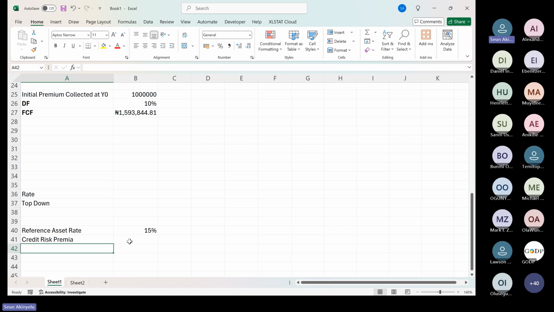And we said credit risk premium in very simple English is PD times LGD. So now I need to teach you how to calculate PD and how to calculate LGD. To calculate PD, or probability of default, we can do a simple risk scorecard.